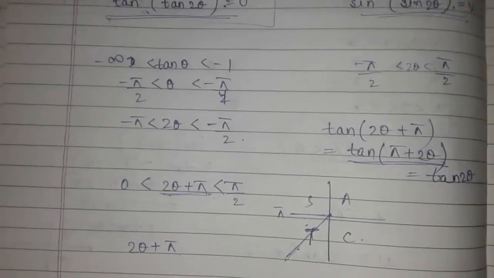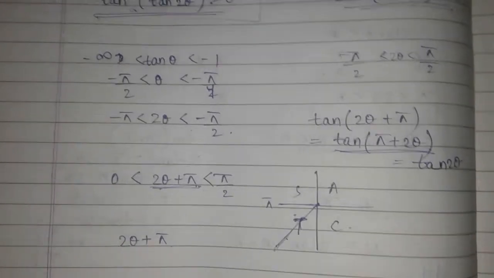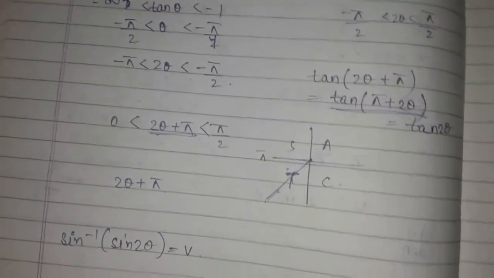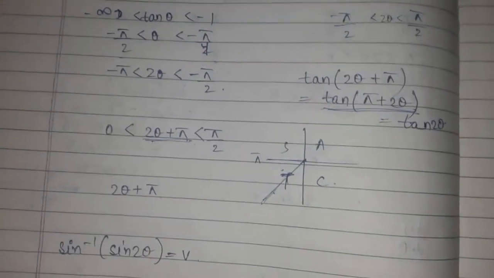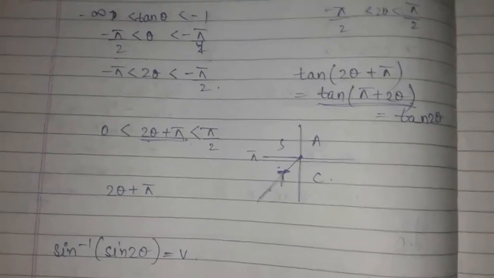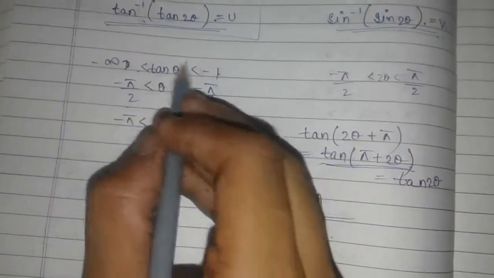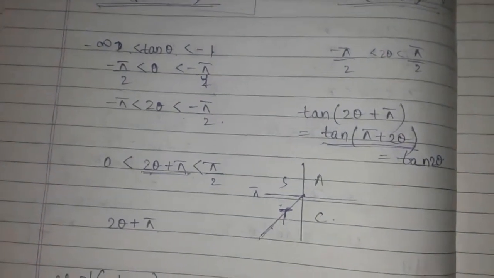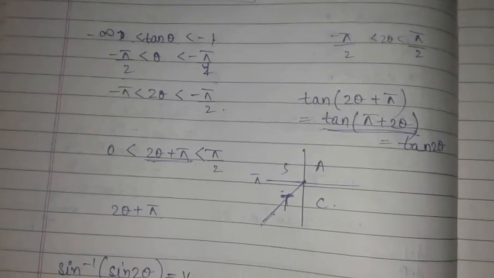Now we'll move on with sine inverse of sine 2 theta, or basically v. Again theta will vary between minus pi by 2 and minus pi by 4, because tan theta is between minus infinity and minus 1, since the substitution x equal to tan theta was used. So 2 theta will also vary between minus pi and minus pi by 2.